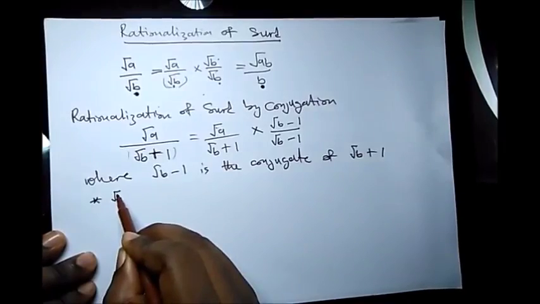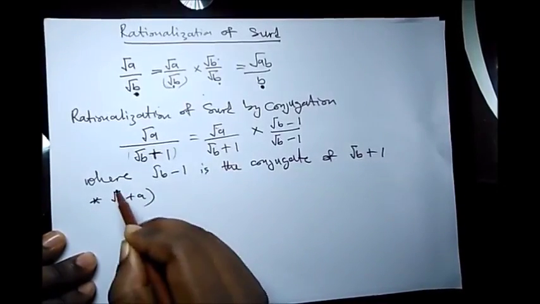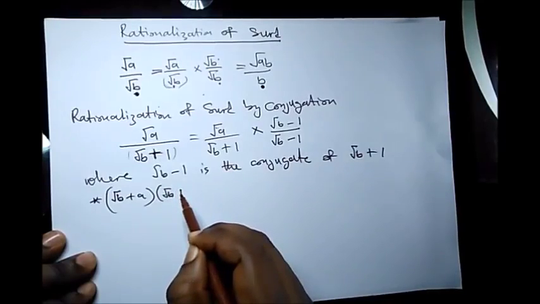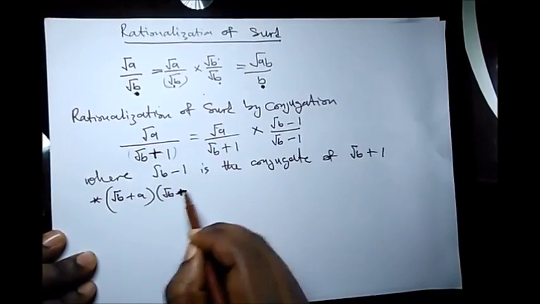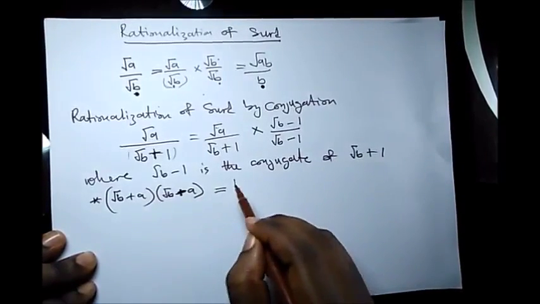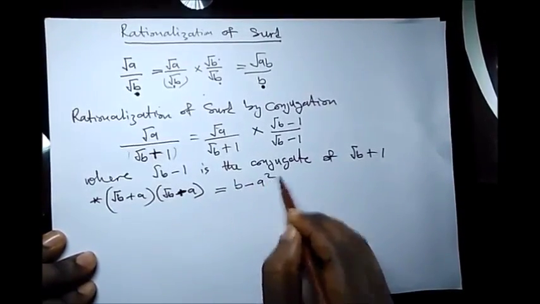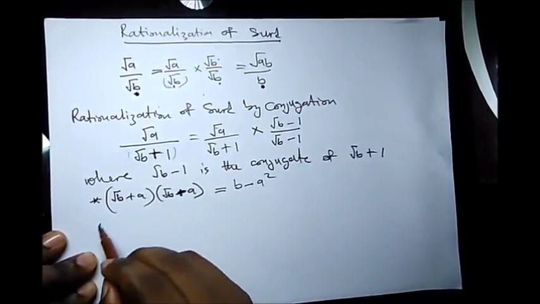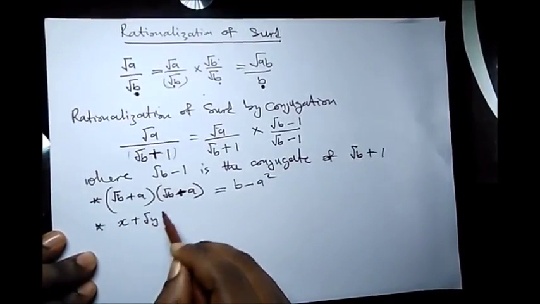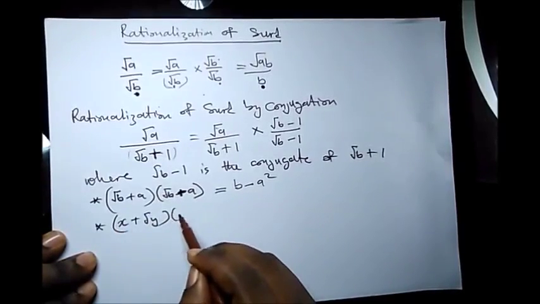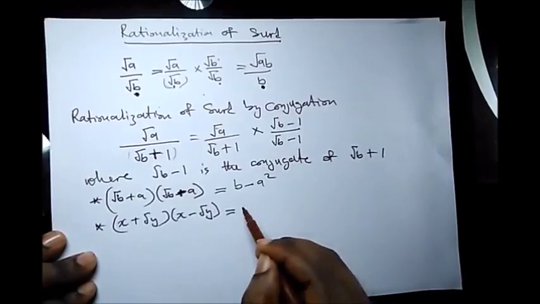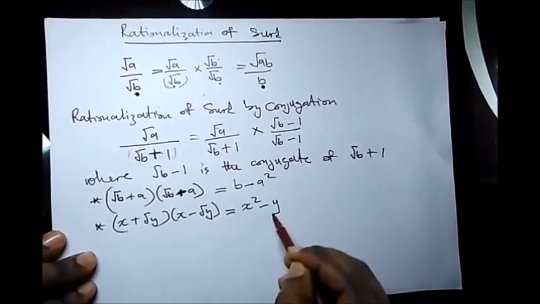When we have root b plus a, in brackets, multiplying root b minus a, the expression is going to give us b minus a squared. Also, when we have x plus root y multiplying x minus root y, this is going to give us x squared minus y.